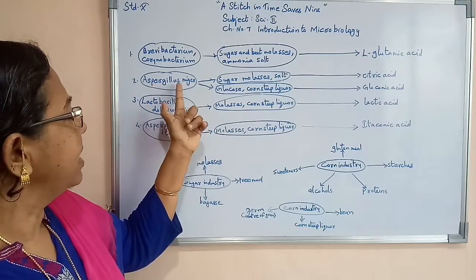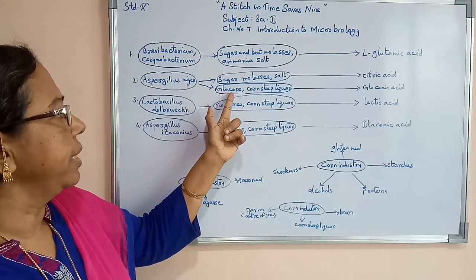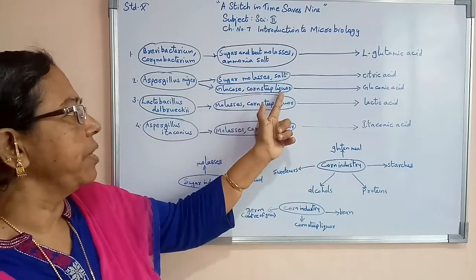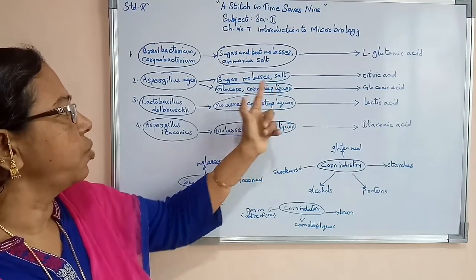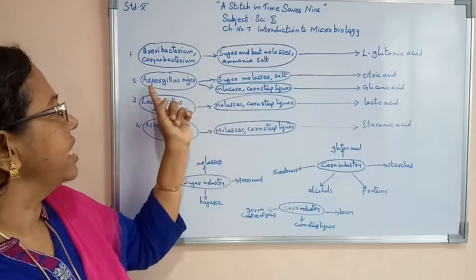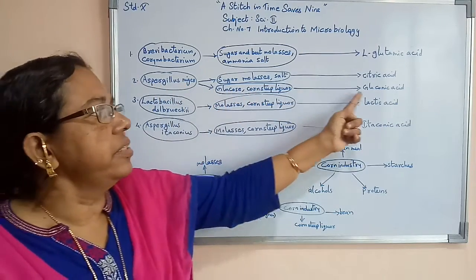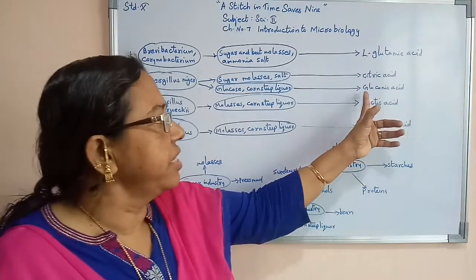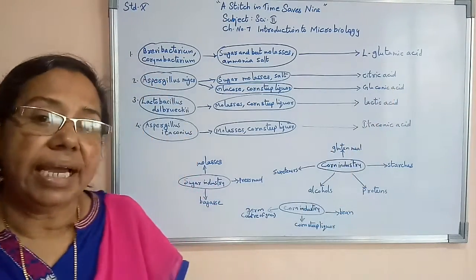Aspergillus niger growing in glucose or corn steep liquor is useful for the production of a type of acid known as gluconic acid.